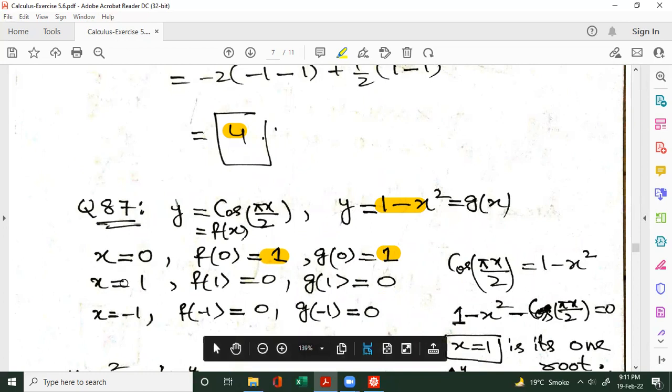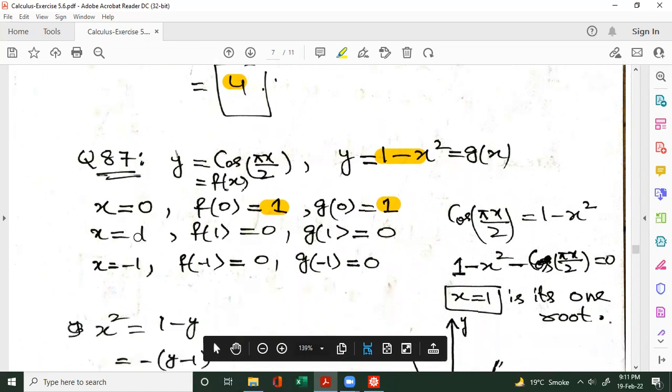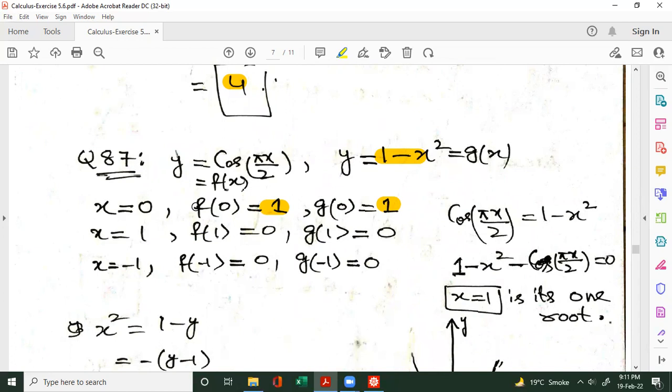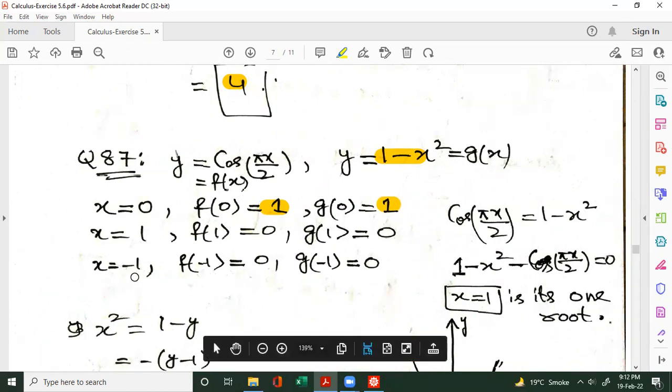Now I put x equal to 1 in the first curve as well as in the second curve. Both functions give me the value 0. That indicates that x equal to 1 is a root of these two functions. As I put x equal to -1, f of -1 is 0, and g of -1 is also 0. That indicates that -1 is also a root of these two curves.